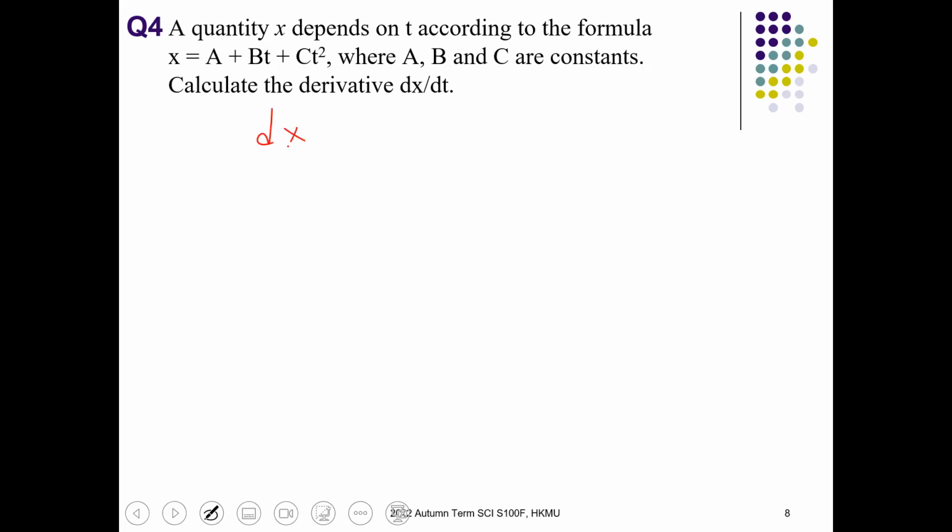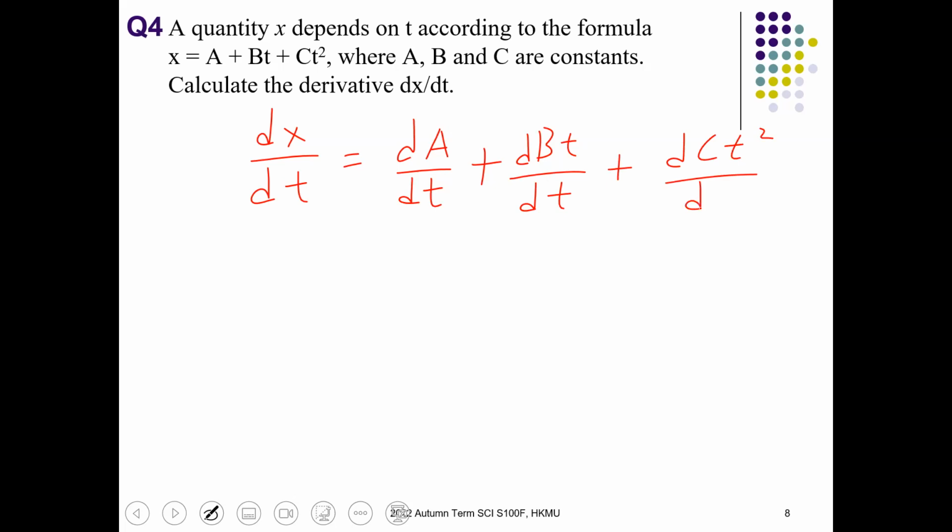Now we consider a first derivative, dx by dt. Indeed, the differentiation will have a property that the derivative of the summation of several components equals the summation of the differentiation of the individual components.